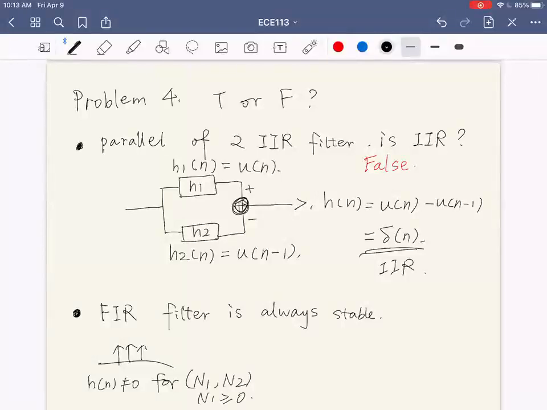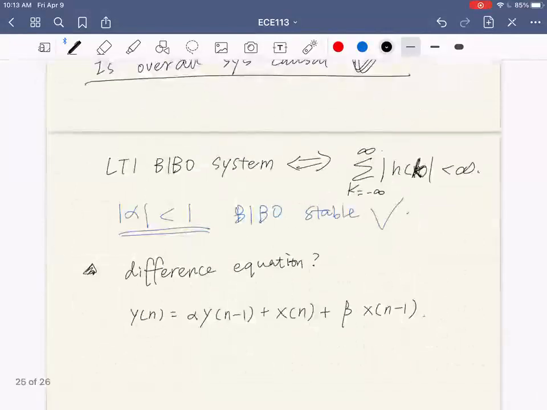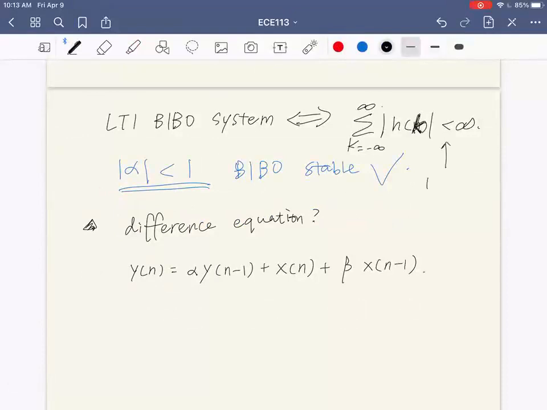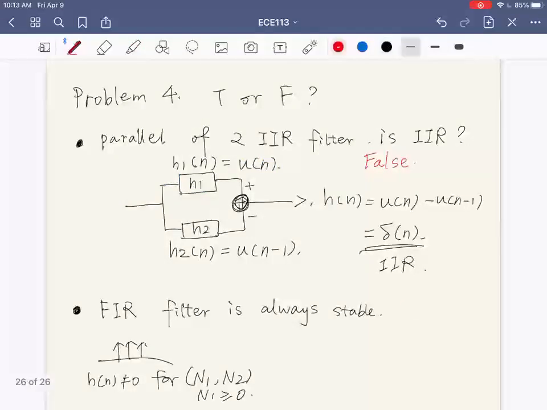So we need to use this conclusion. We know that for the FIR, this is true, right? So the statement is true, and that's it. For the IIR and FIR filters, we assume that they are LTI systems. That's why we use impulse response to represent them.